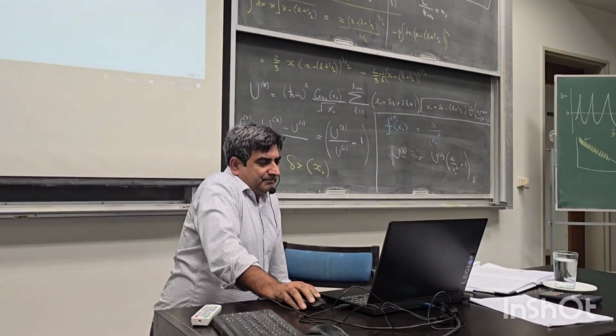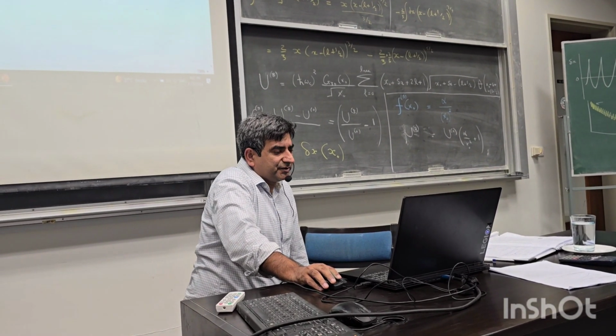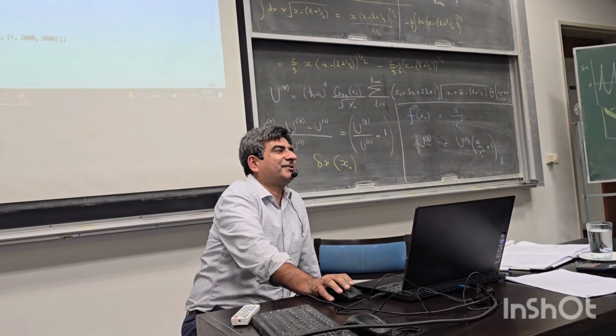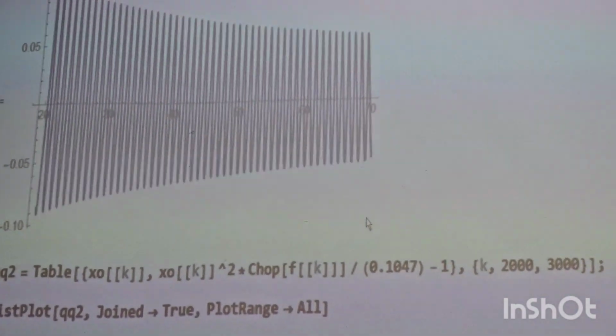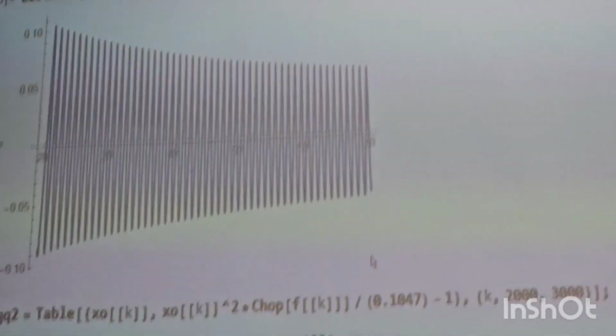So if I were to do that, now I'm finding the decay of the envelope of the oscillations. So this is what the oscillations themselves look like, that are riding on top of the decaying monochrome. Now the oscillations themselves, their amplitude is kind of coming down.